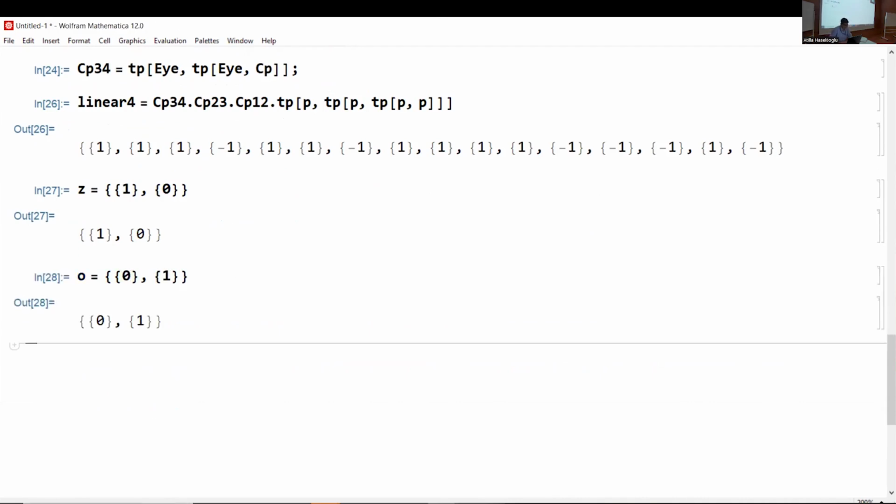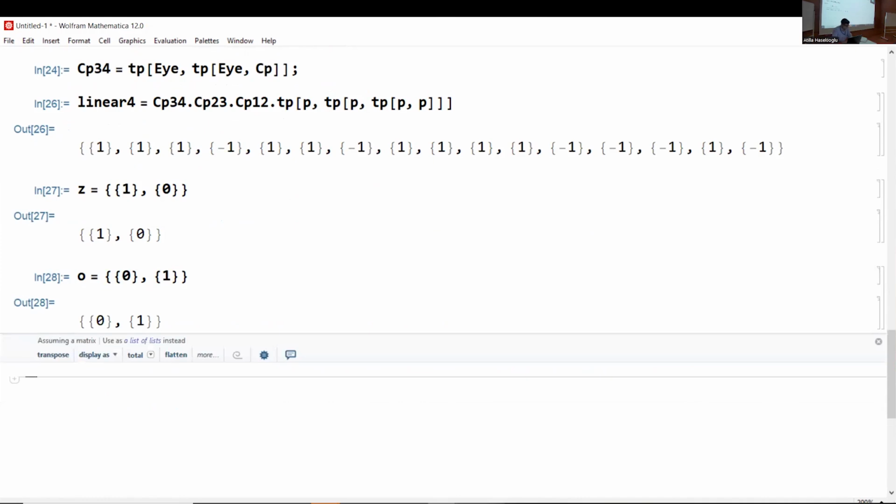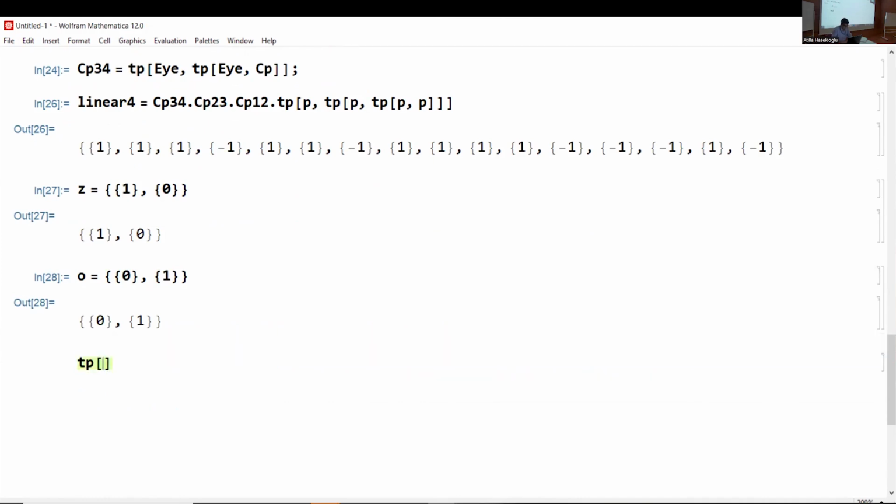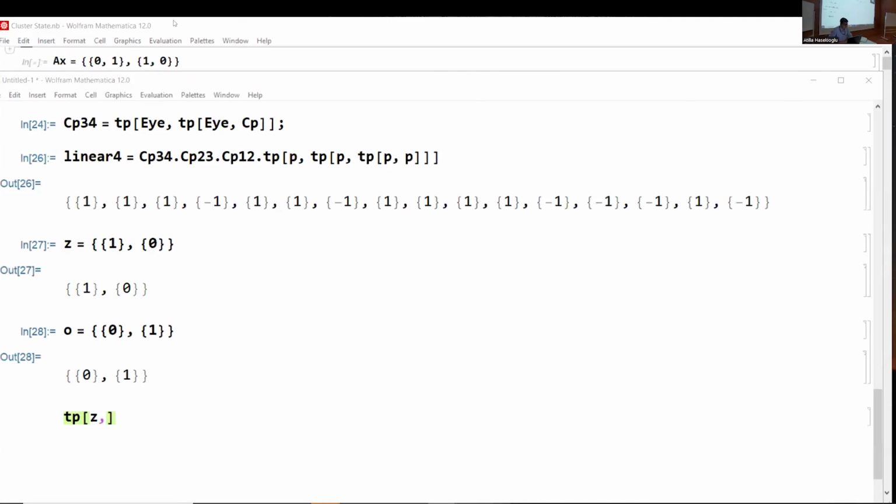Now let's find out the tensor product. In fact, I've already written this in another file. Let me copy from there.